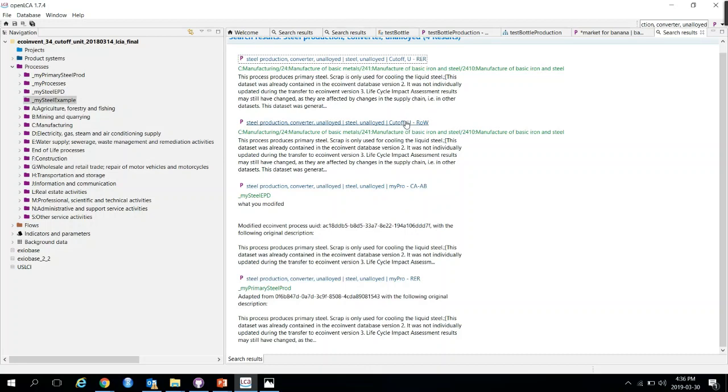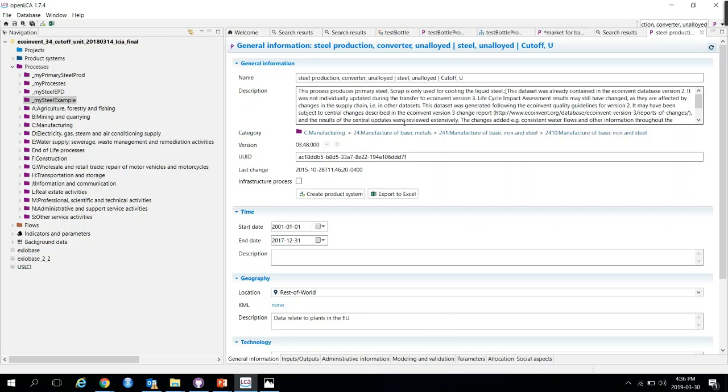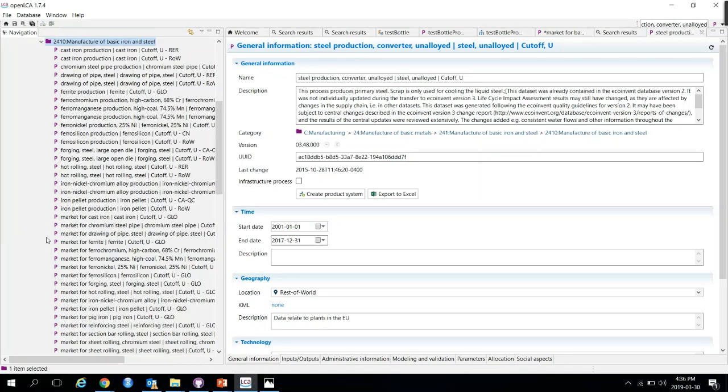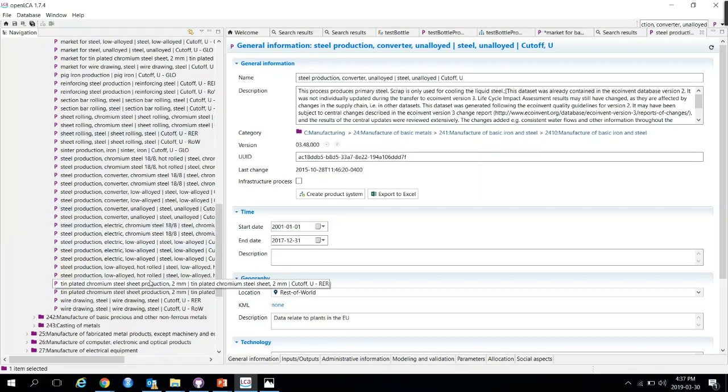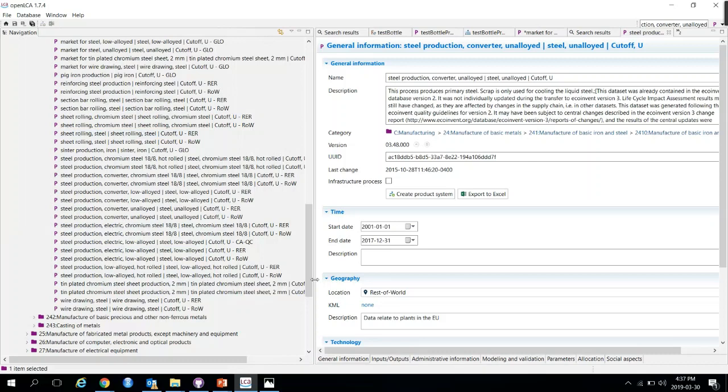I click on it and see where it's located, which makes it maybe a little bit easier to find. It's called steel production, converter, unalloyed. Okay, so this is the one we want.